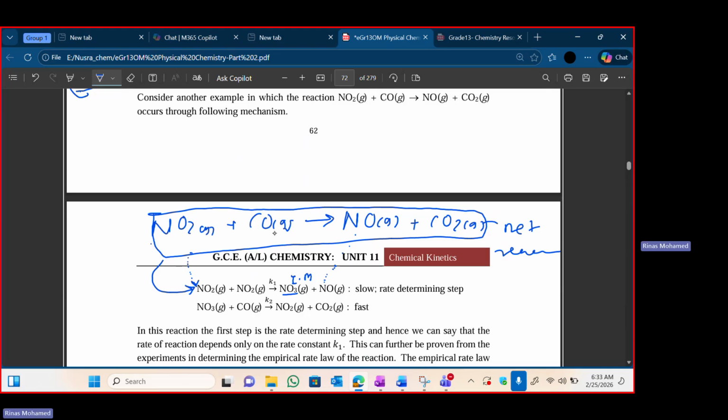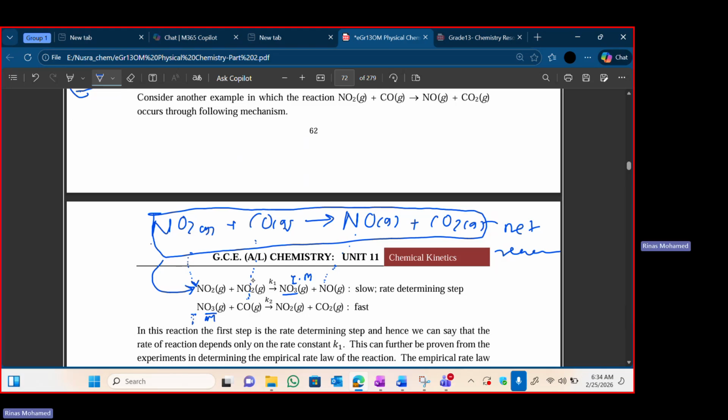Then NO3 is the intermediate, and that will go to the second step. Again, it is unstable, so that intermediate will react, and another CO molecule is there to react. It gives you one NO2 and another product here.